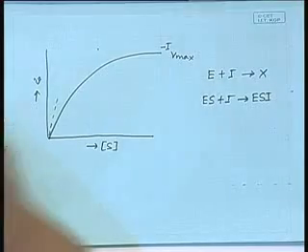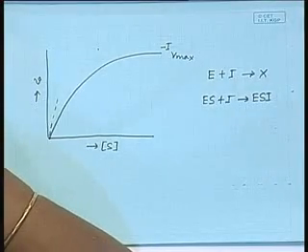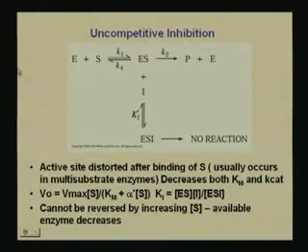Let's go back here. E plus I does not happen here. That happens for non-competitive inhibition. When we have ES, ES plus I will give you the ternary complex ESI, and there is no reaction.